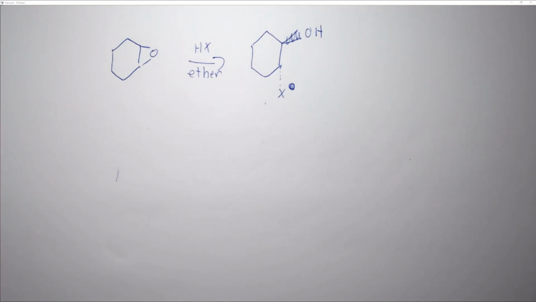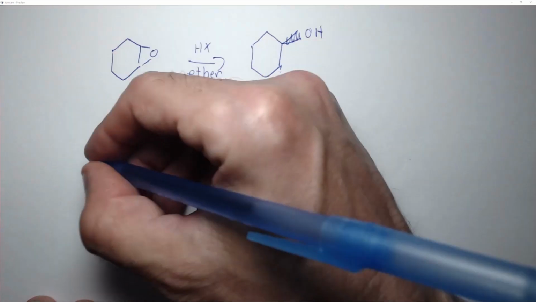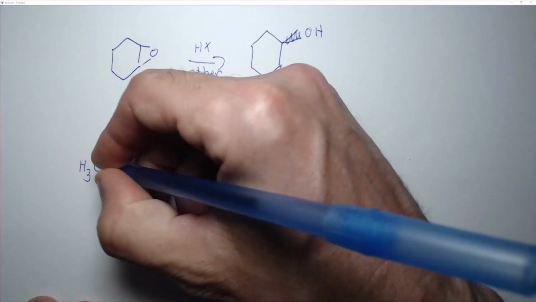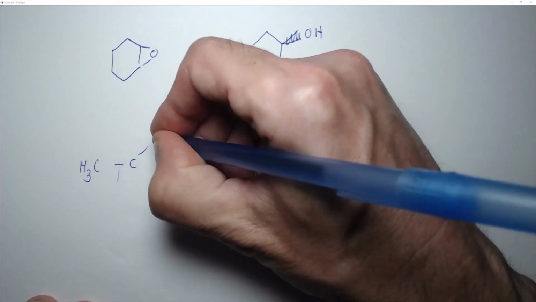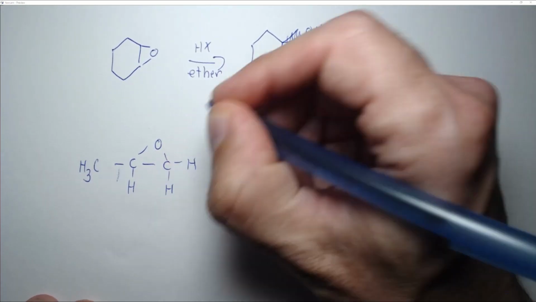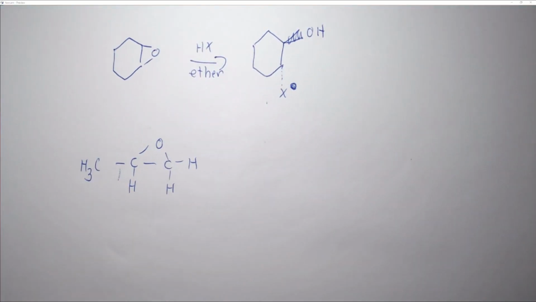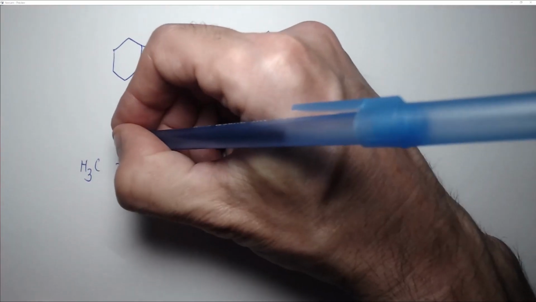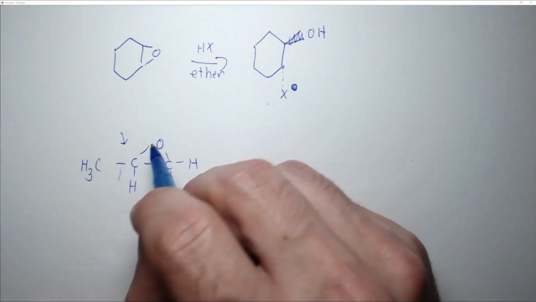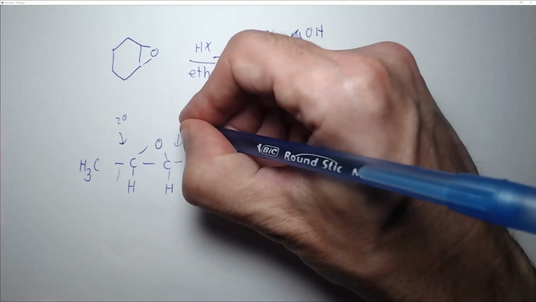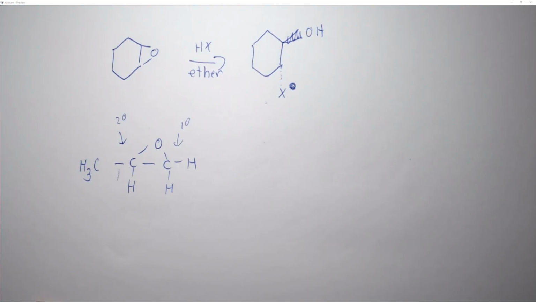So let's take a simpler example, where we have CH3, bond C, bond O, bond H, bond C, bond H, bond H. So we have this epoxide here. Now, what's the difference between this carbon and this carbon? Well, this carbon is bonded to 2 carbons, so it's secondary, and this carbon's only bonded to 1 carbon, so it is primary. That is the difference between these.